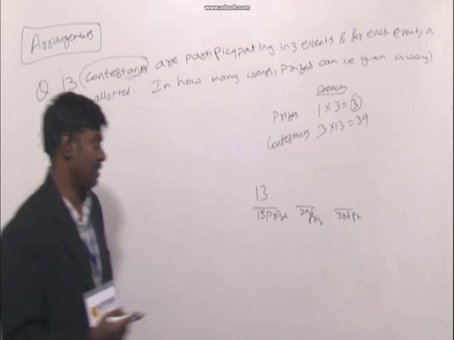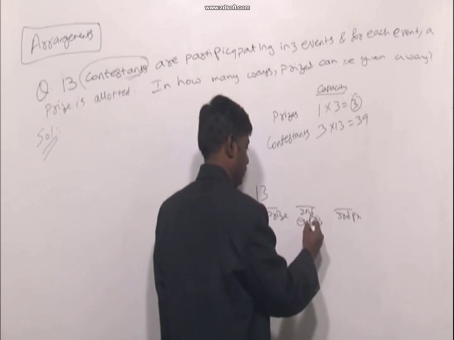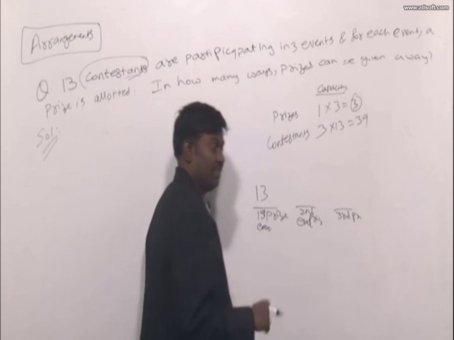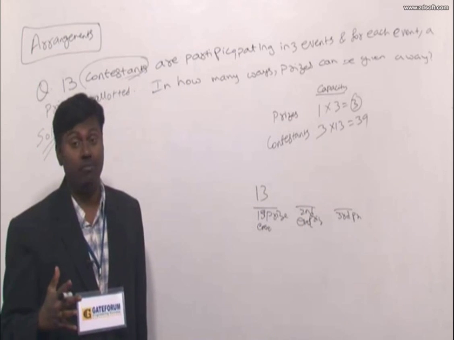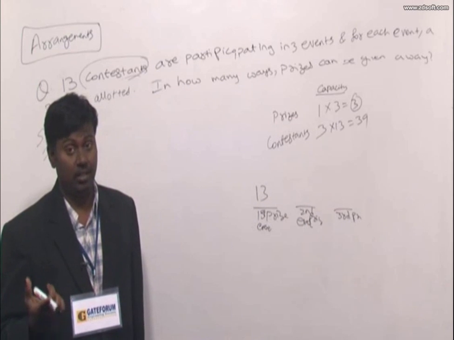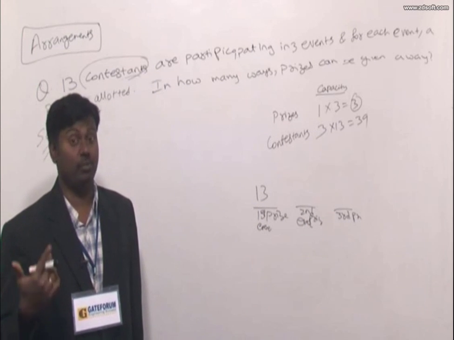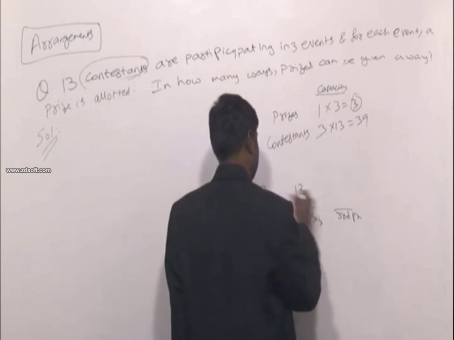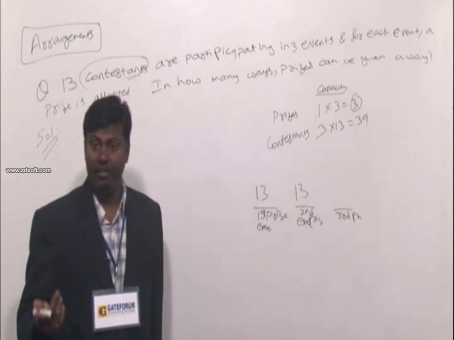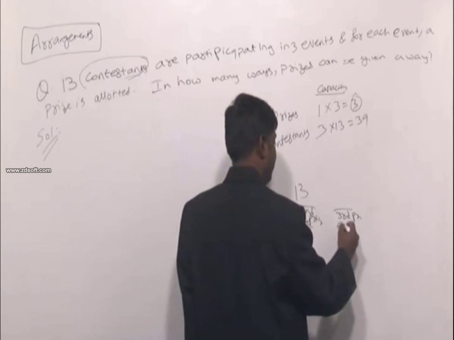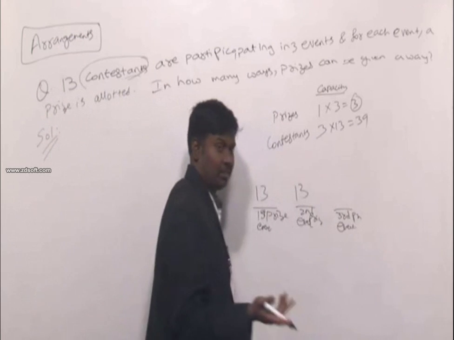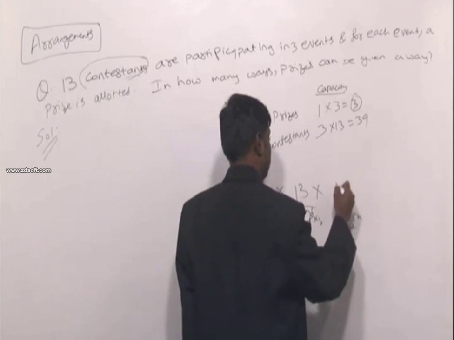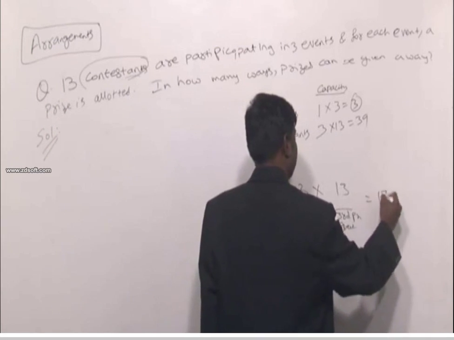It is not second prize, it is second event prize. Right? This is first event prize. Second event prize can be given away to any of the 13 contestants, right? A contestant who received first event prize is also eligible for receiving second event prize. Third event prize can be given away to any of the 13 contestants in 13 ways. So the total number of possibilities is 13 power 3.